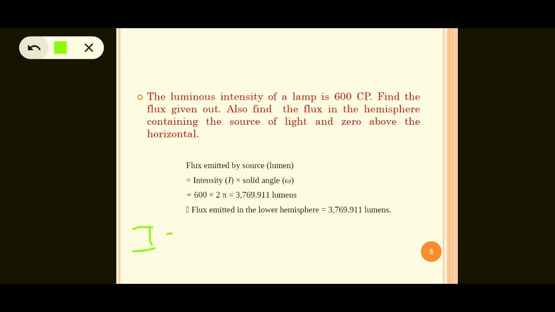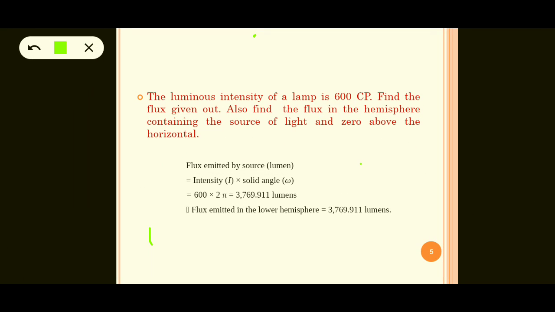Now substituting, the value becomes 3769.911 lumens.